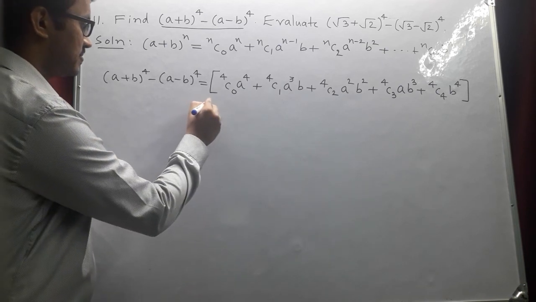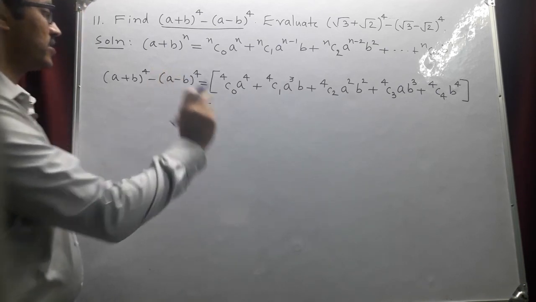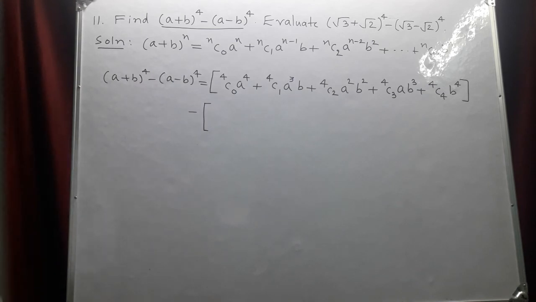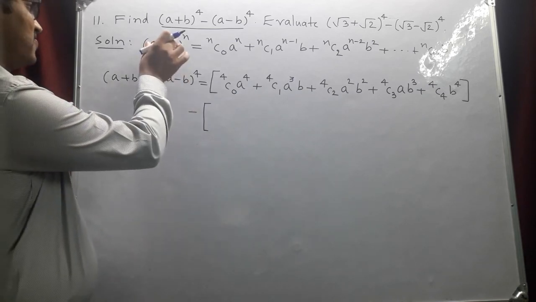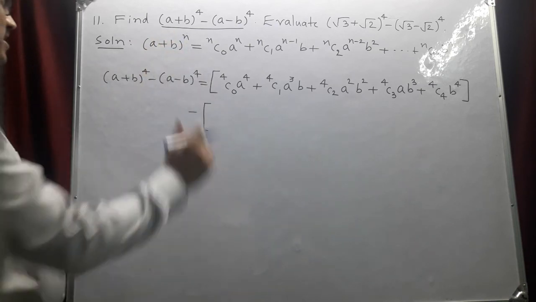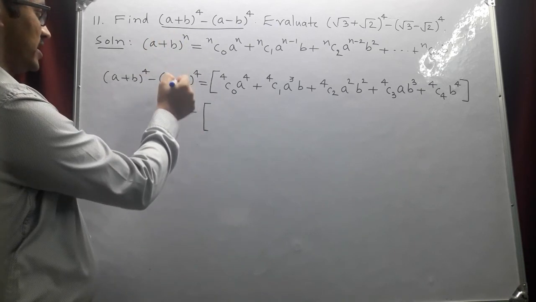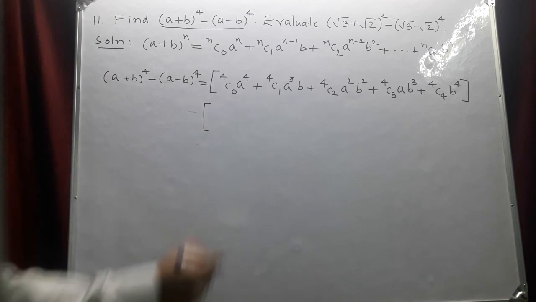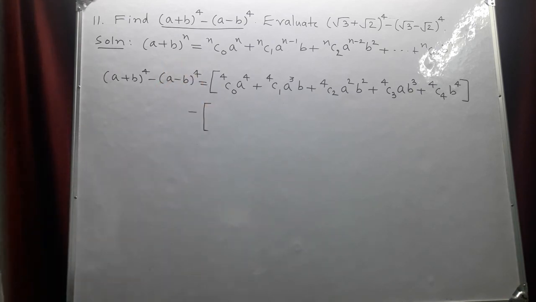Minus, we have (a minus b) power 4. So again we will use the binomial theorem, but in place of b we have to take minus b, and the n value is 4.